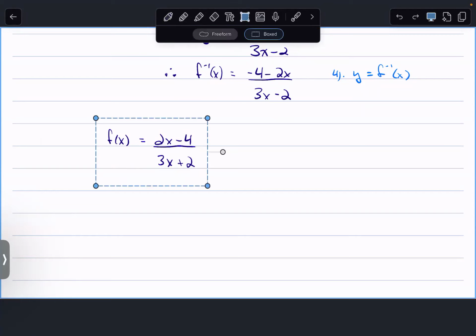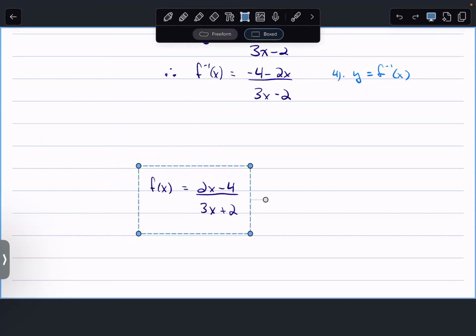I'm not ready for this here. Let's see here. I'm just going to bump it over here just for a sec. Because that's the inverse. We're done with that part.